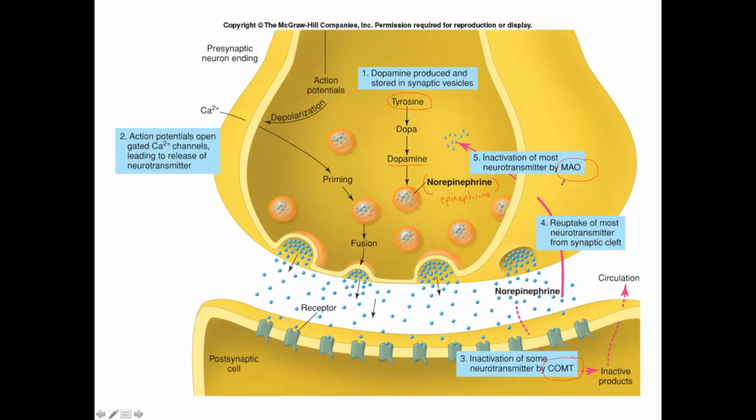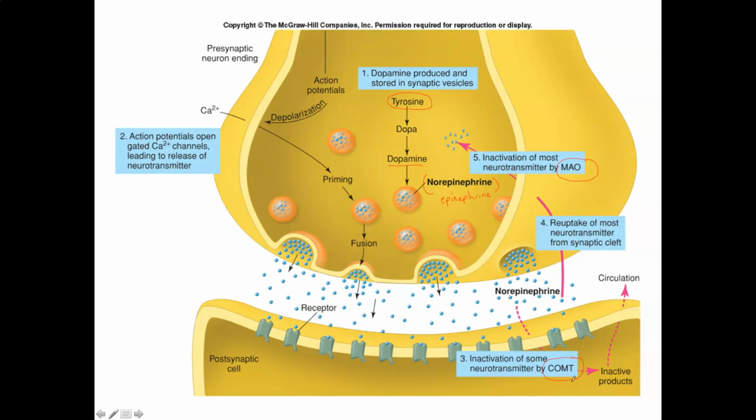This monoamine oxidase is in the presynaptic cells. And so when we reuptake norepinephrine, we can use monoamine oxidase to degrade the norepinephrine so that it's not functional. We also use in the postsynaptic cells COMT, that stands for catechol-O-methyltransferase. This is a postsynaptic enzyme that, again, can be used to inactivate through a degradation process the norepinephrine neurotransmitter.